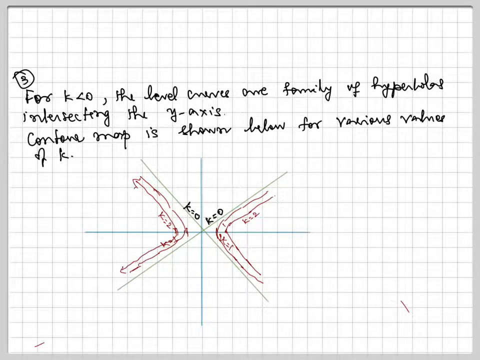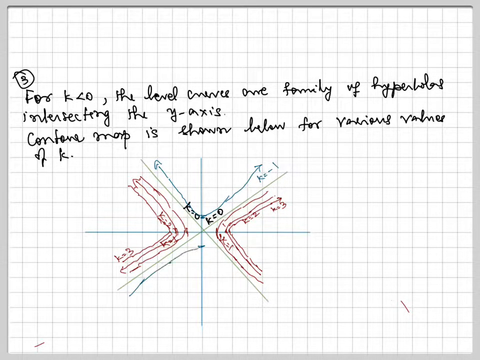The two branches should correspond to k equal to 2. Same way, k equal to 3, the hyperbolas will cross the x-axis at square root of 3 and negative square root of 3. Then we can also give similar values for k less than 0. When k is less than 0, you get hyperbolas intersecting the y-axis at plus 1 and negative 1 for k equal to negative 1.